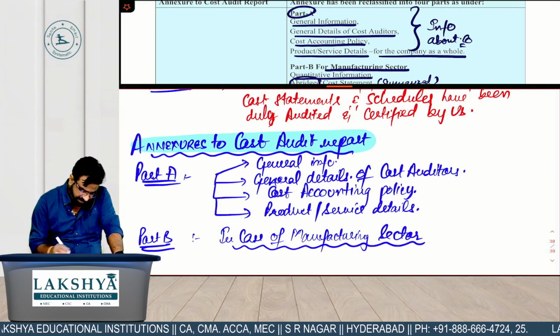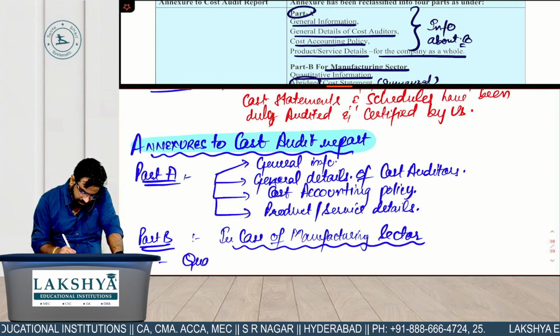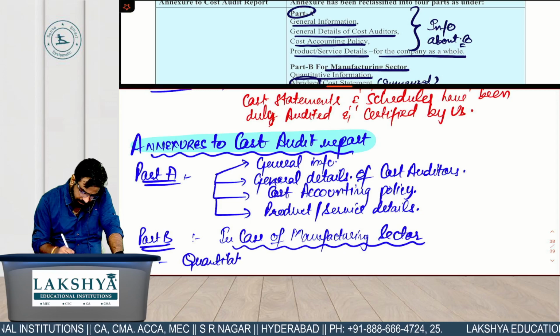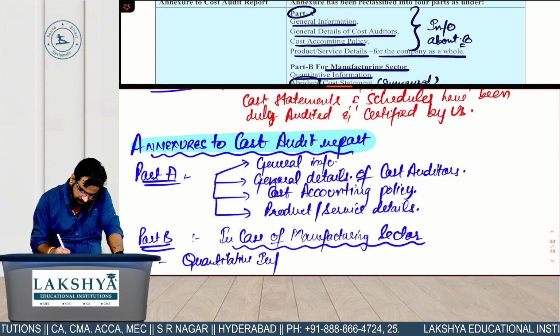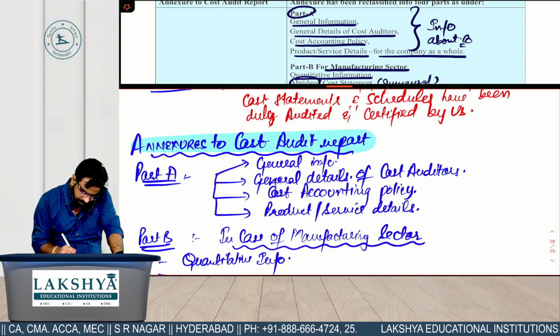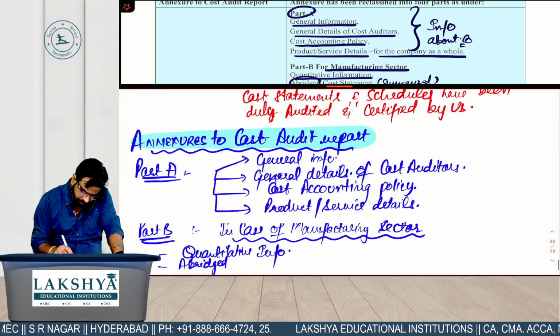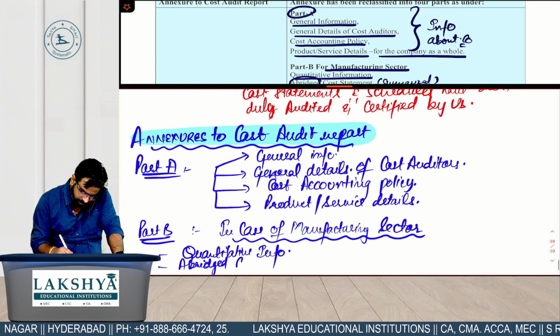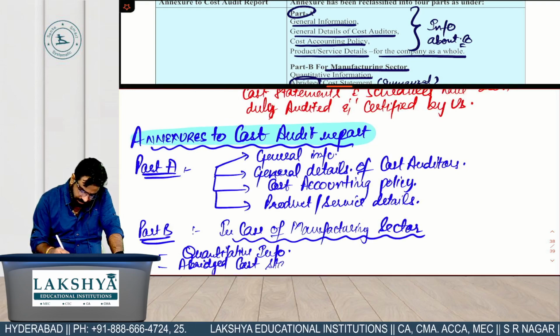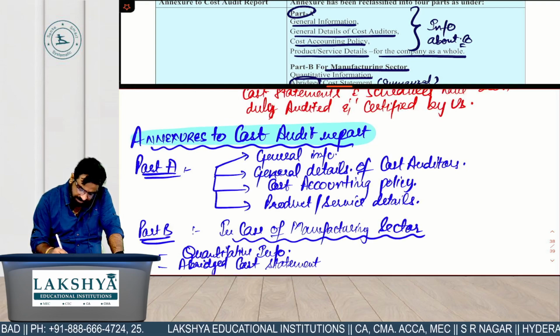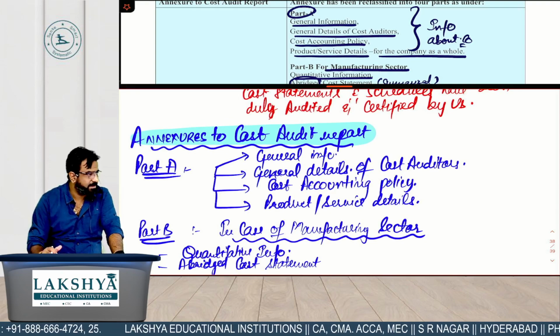In case of manufacturing sector, quantitative info, abridged cost statement. What do you mean by abridged cost statement? Summarized one.